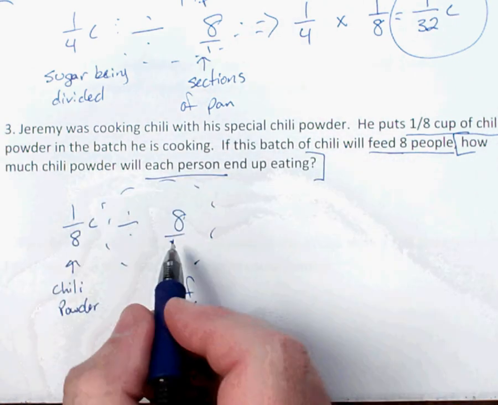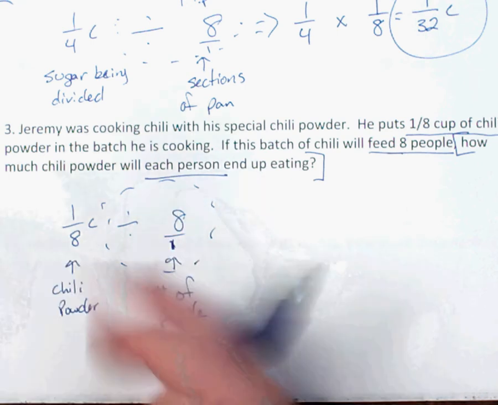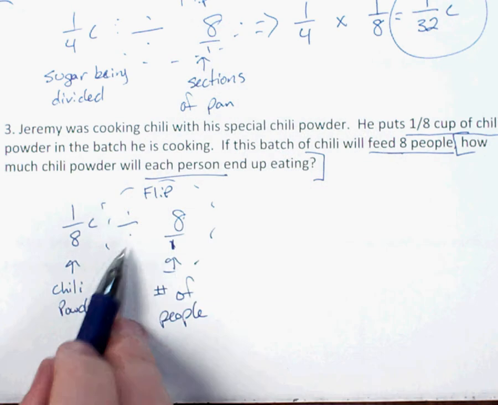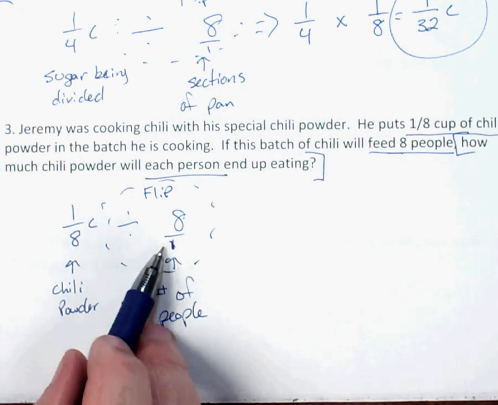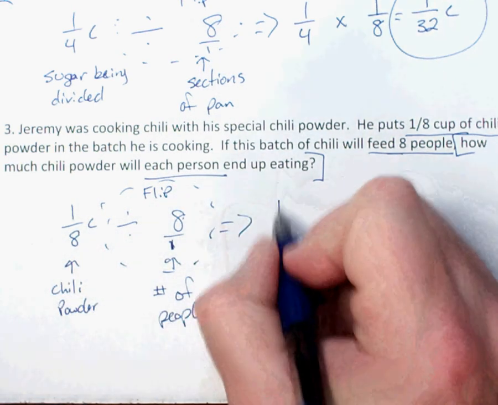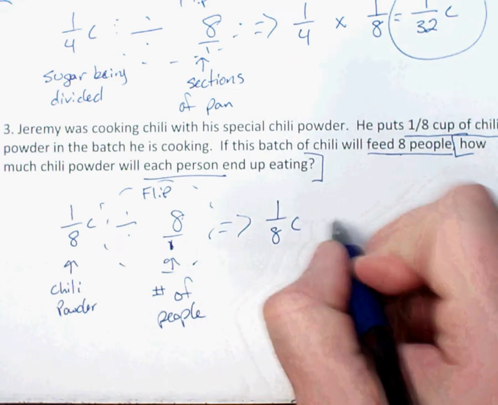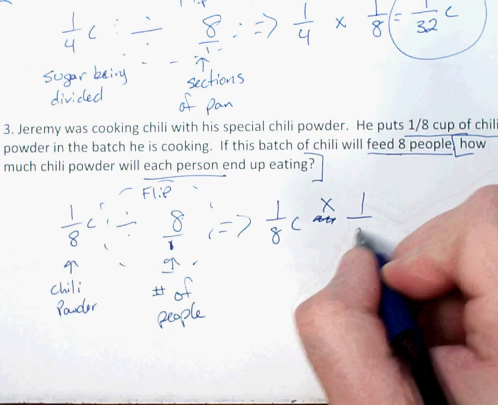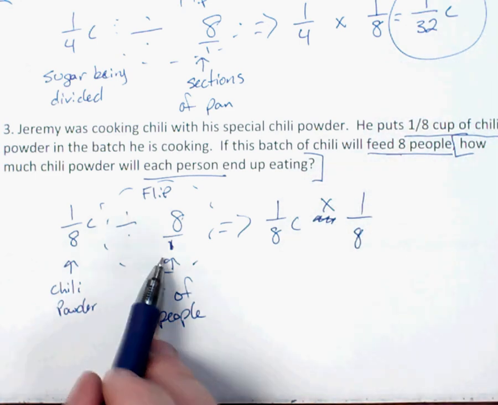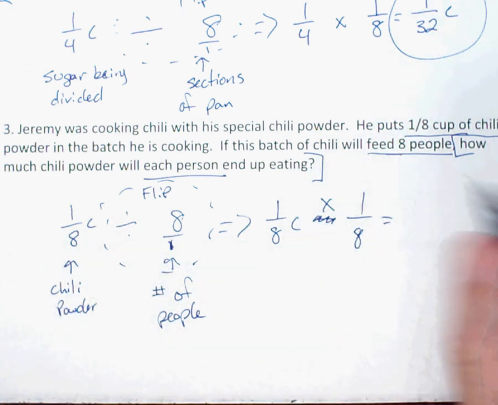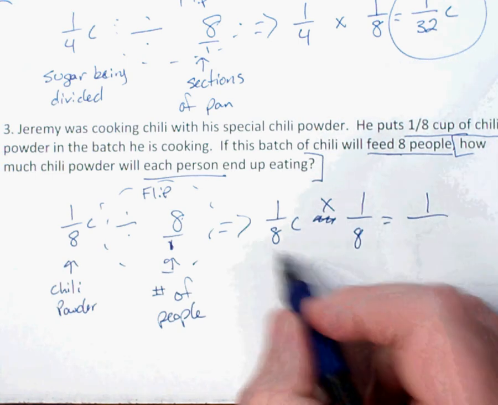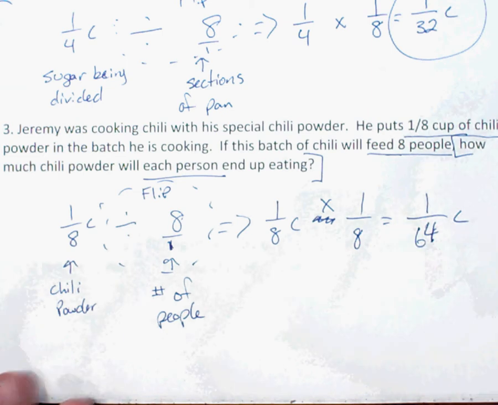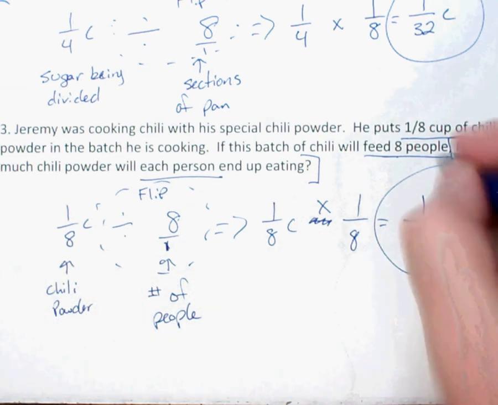I'm putting the 8 as an 8 over 1 just as a reminder that when I flip it over, it's going to become 1 over 8. Oops, forgot to change my sign. Times 1/8, because I flipped this 8 over 1 to give me 1 over 8. And then I'm just going to multiply across. 1 times 1 gives me 1. 8 times 8 gives me 64. And so my answer is 1/64 cup of chili powder.